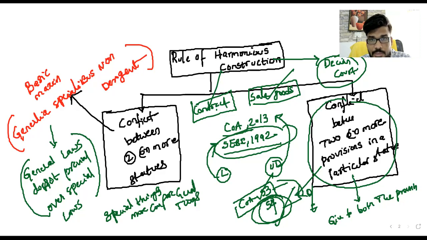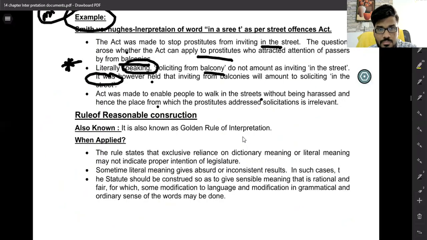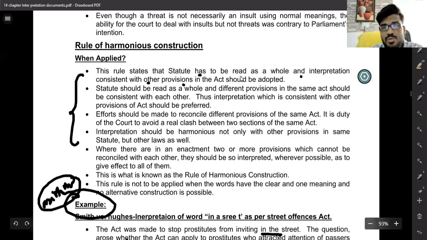Now, what is harmonious construction as per our material? The rule states that a statute has to be read as a whole, and an interpretation consistent with the other provisions of the act should be adopted.